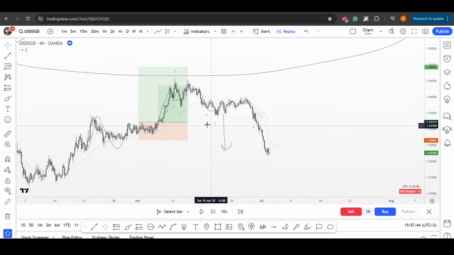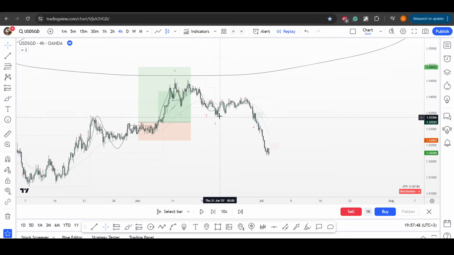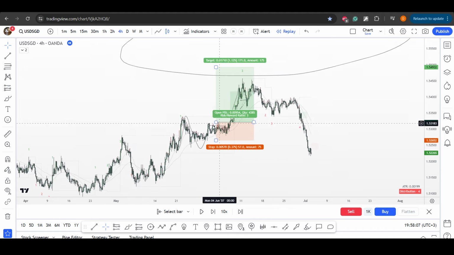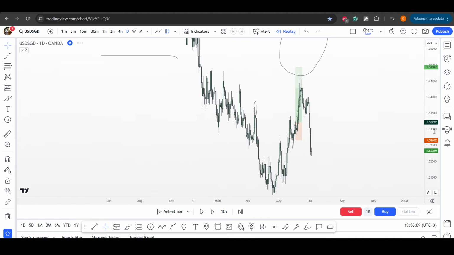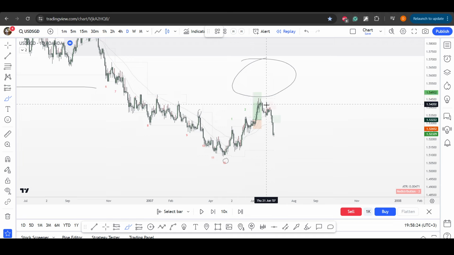Okay, so first we have a break even here. I record break even, and now we shifted back to the better side. Let's check daily, and daily is just breaking to the downside, and it starts to be in confluence with weekly and monthly timeframes.